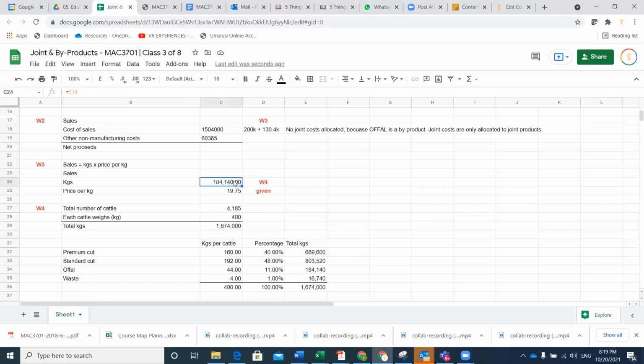This is not a basic calculation. So you don't write this on the side of your page and just slot in the number. You'll get 0 because you need the workings. Okay. So our sales, that's the number of kgs we sold, and that is the price we estimate we're going to get. So that is the sales we're getting.